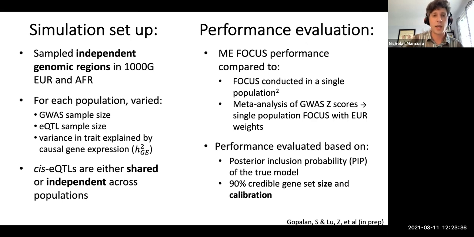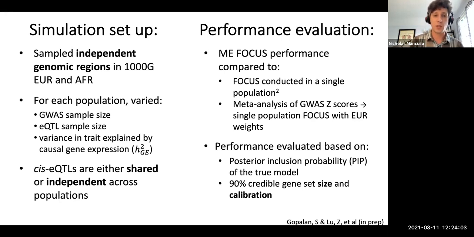With that defined, we went ahead and performed extensive simulations to make sure our approach works and is robust to perturbations. We started from real genetic data in 1,000 Genomes, using individuals of European and African ancestry. We simulated GWAS data under a causal model where our assumption is that eQTLs mediate risk for GWAS.